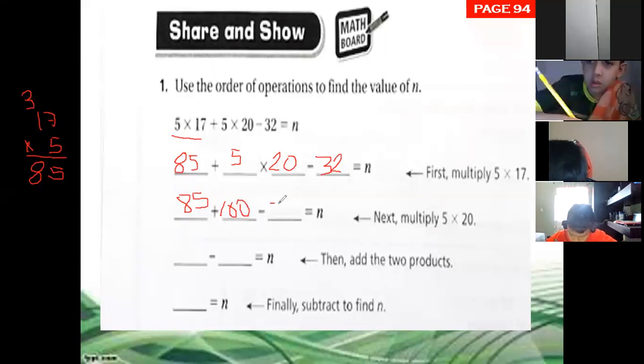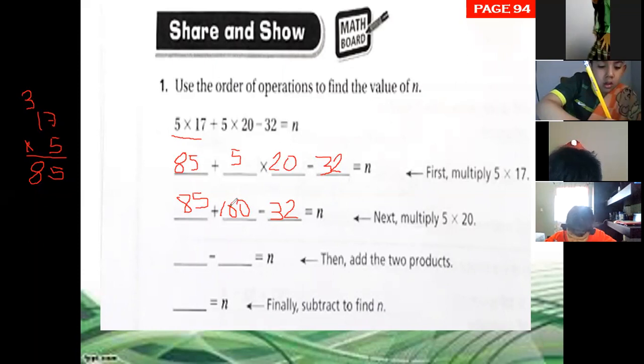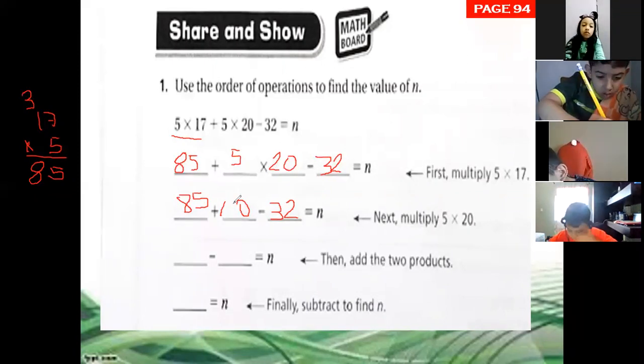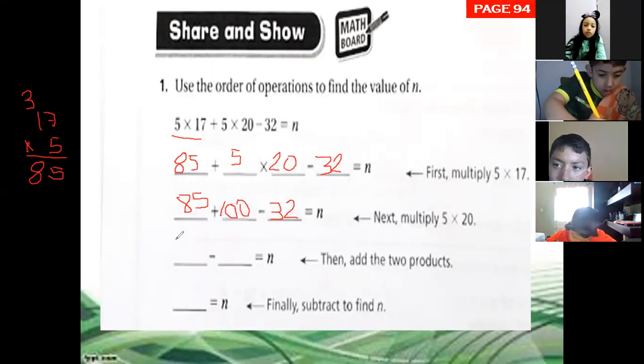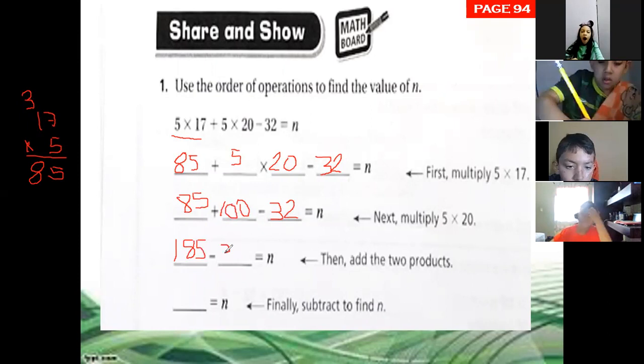And I copy the rest: minus 32. Okay? Then add the two products, this product and this one. 85 plus 100, 185, minus 32.